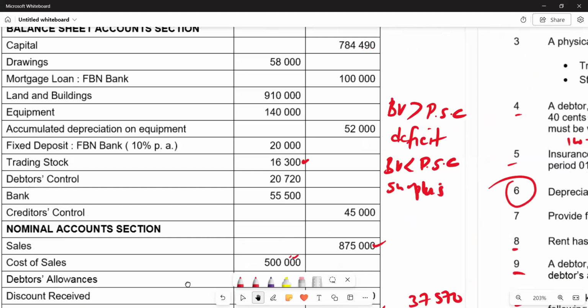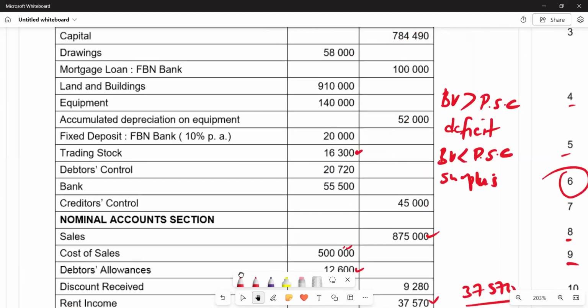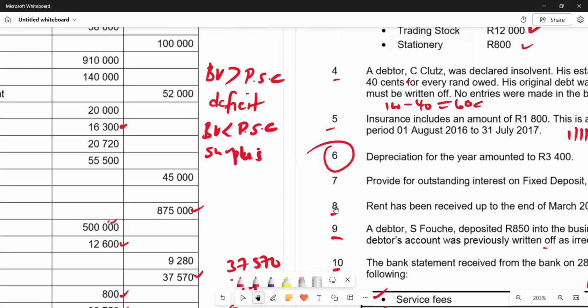And if you go to your fixed asset section, we have got our 10% per annum as fixed deposit. So the interest income is 10% times 20,000. You are going to get your 2,000. Then of course, in the additional information again, we want to see if we got anything that is mentioned about interest on fixed deposit.